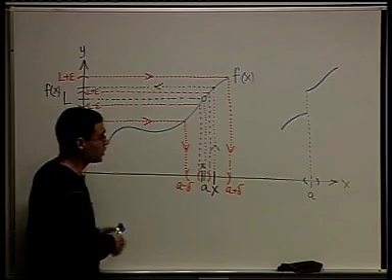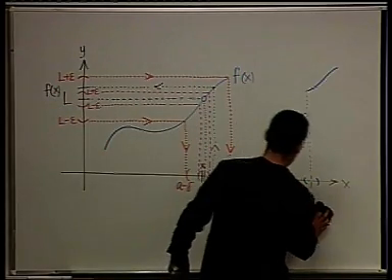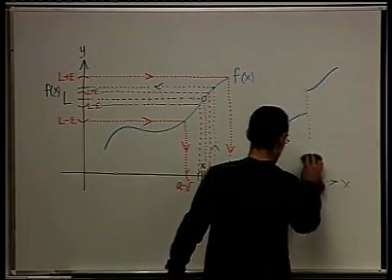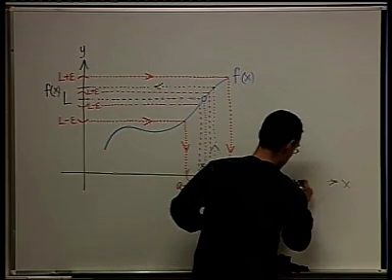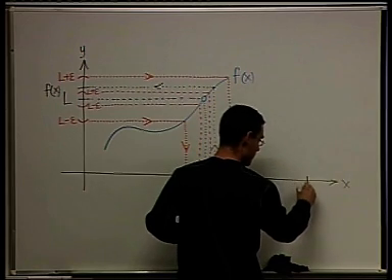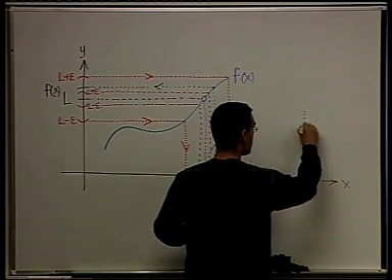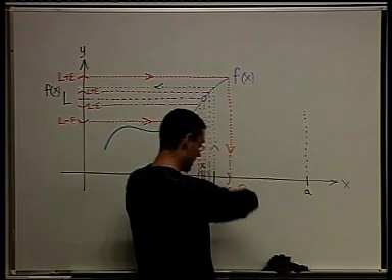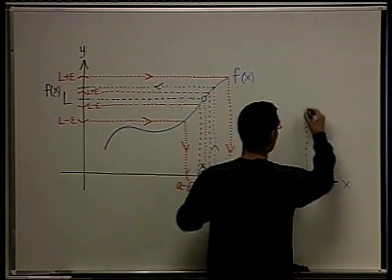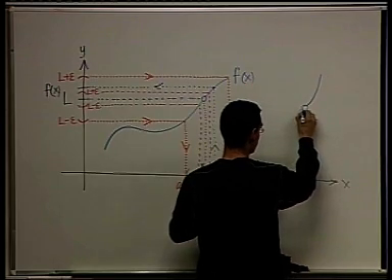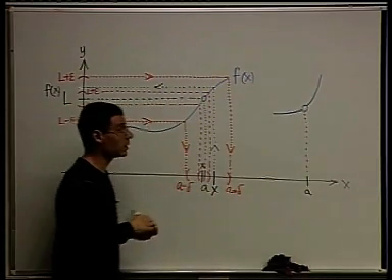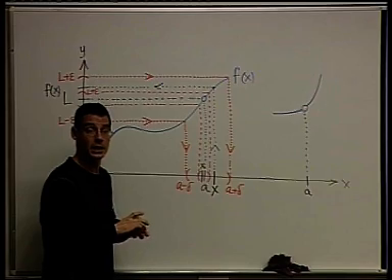But if the function, for example, so let me erase this. If this is A, and the function was something maybe that looked like this, there's still going to be a limit, okay?